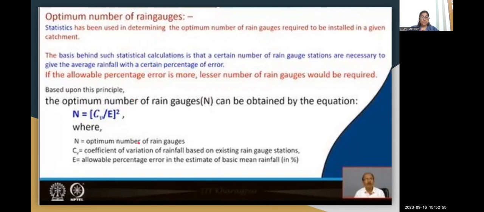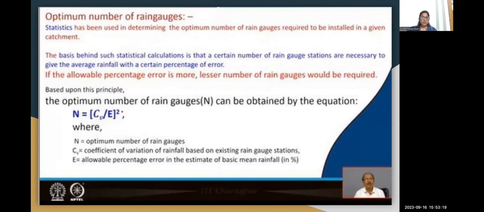CV is the coefficient of variation of rainfall, based on the existing values obtained from rain gauge stations. So from the values of precipitation obtained from the rain gauge stations, the coefficient of variation is found out. That is what CV depicts. E is the percentage of error that is allowed while estimating the mean rainfall.